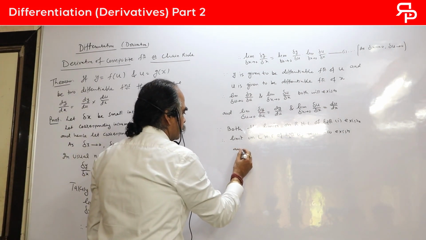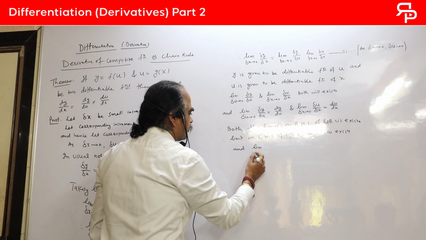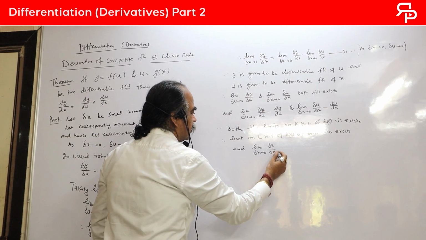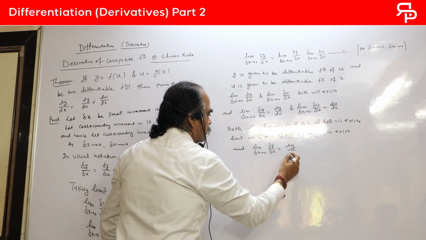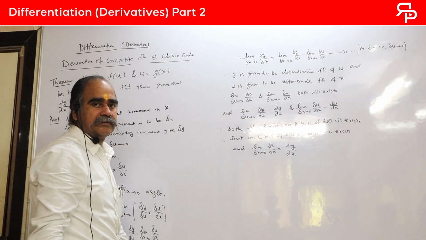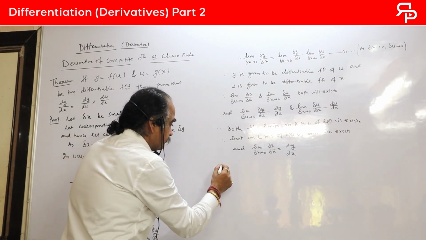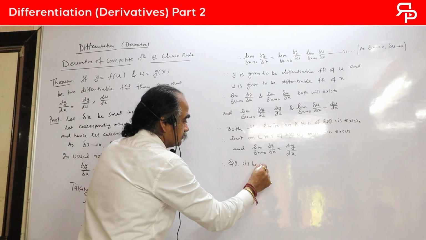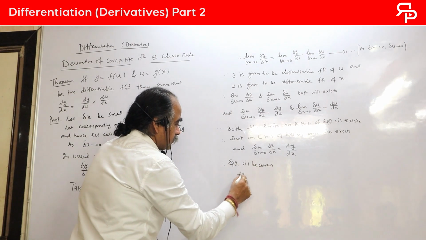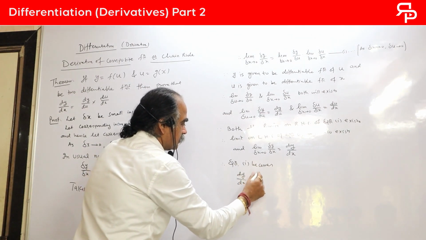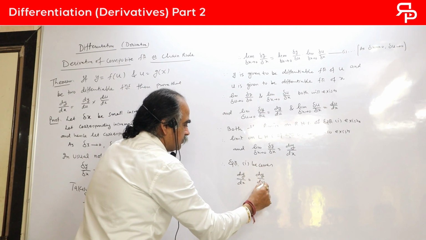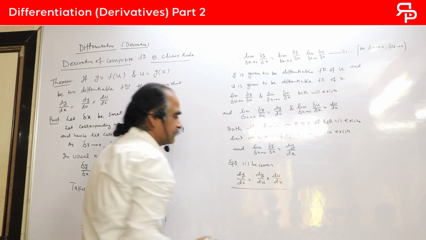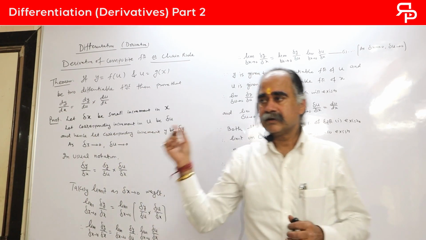And this limit is denoted by what? dy by dx. Therefore equation 1 becomes dy by dx is what? dy by du into du by dx.